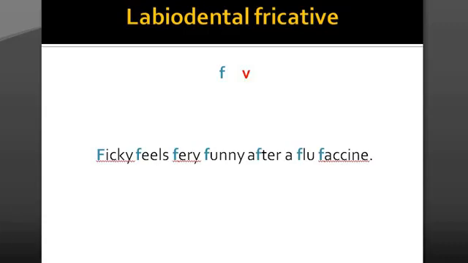Okay? So now we're going to say the same thing, but with the V sound. So we're going to add the vibration. Okay, first let's say these two sounds together. So repeat after me. We're going to take a deep breath. Okay? So top teeth touch bottom lip.